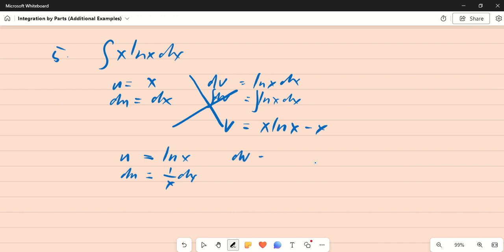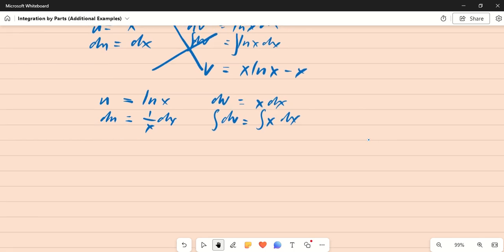So this time around your dv is x dx. Then next you get the integral of dv, so the integral of dv is equal to the integral of x dx, and you are aware that the integral of dv is v, and the integral of x dx, this time it's more simple, that is x squared all over 2.